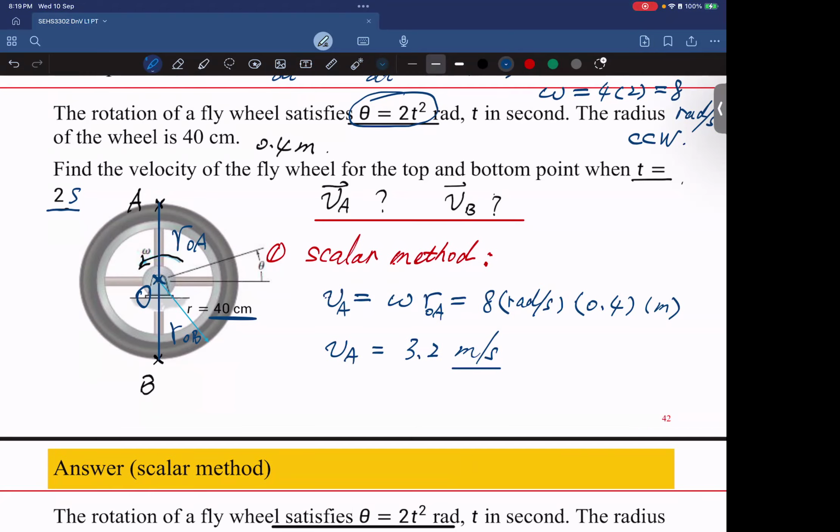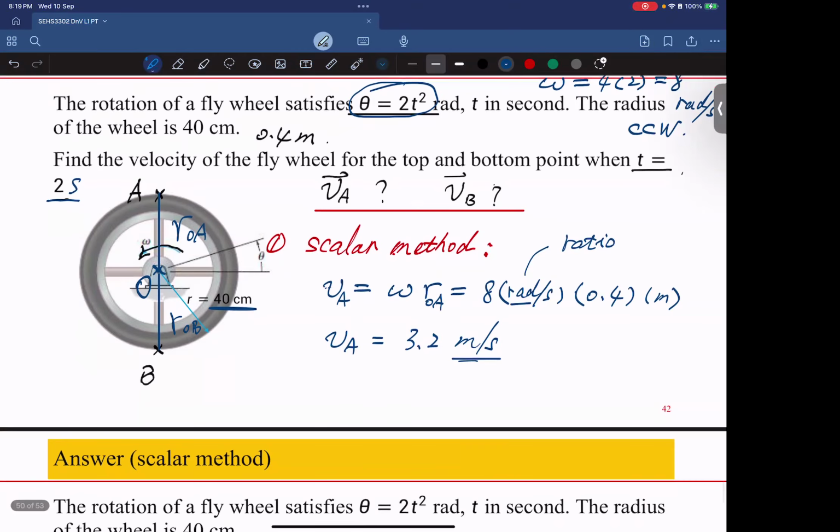And where is the rad? As we know before, rad is a ratio, and rad itself is unitless. Therefore, as we have meter and second, there's no need to put this ratio here, right? So this is VA. VA is 3.2 meter per second.